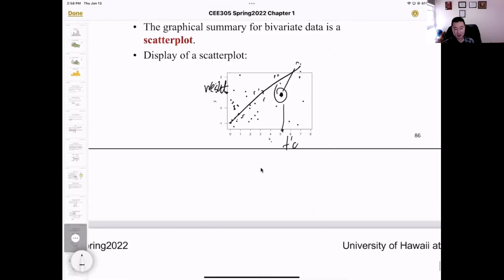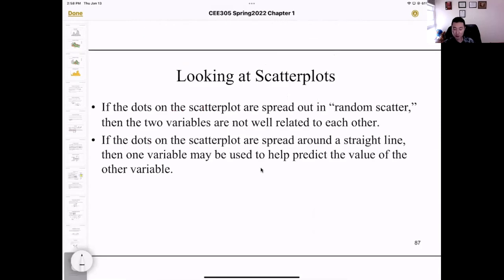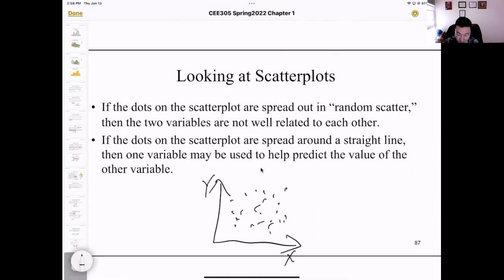If the dots on a scatter plot are spread out in a random scatter, such as this, there's no trend we can find between the 2 parameters X and Y. If the dots on a scatter plot spread around a straight line, such as this, then one variable may be used to help predict the value of the other variable in the future.